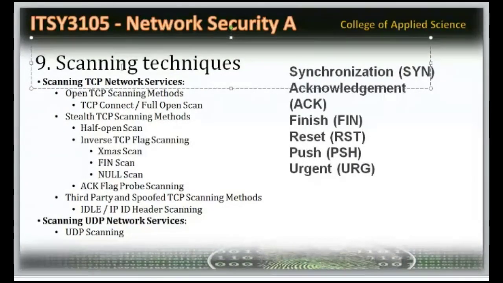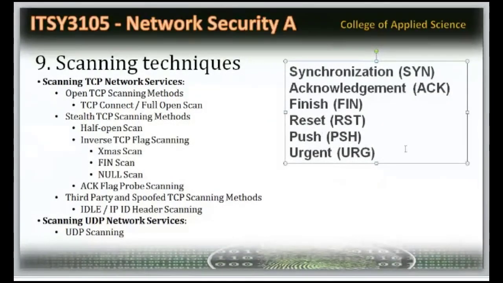The first flag is called SYN, synchronization. The next flag is acknowledgement, the next one is FIN, the next ones are reset, push, and urgent. So these are the different types of flags, and using these flags you can scan the target machine.